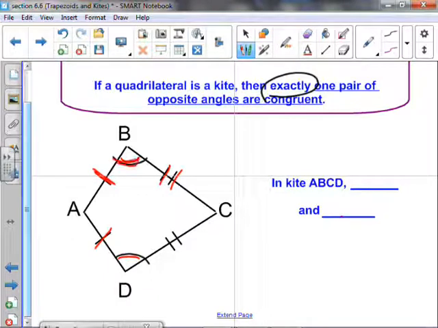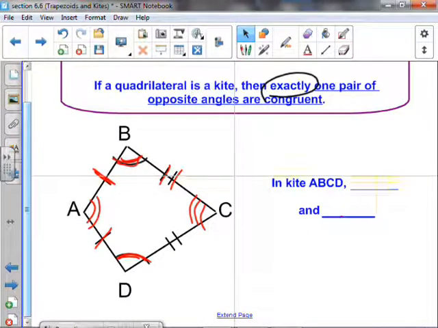So the angle in between there is going to be congruent to the angle opposite it. And you know also that angle A is not going to be the same as angle C. That's very important as well. So in kite ABCD, you have angle B is congruent to angle D, and angle A is not congruent to angle C. Okay?